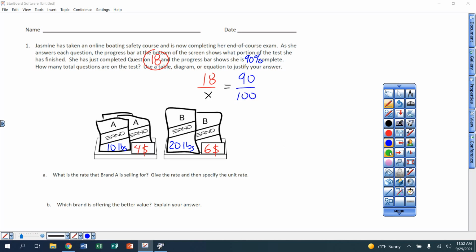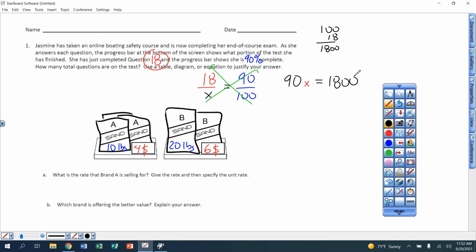For this problem, I'm going to crisscross multiply. I'm going to multiply the 90 and the X to get 90X, and then I'm going to multiply the 18 and the 100 on my calculator the right way to get 1,800.